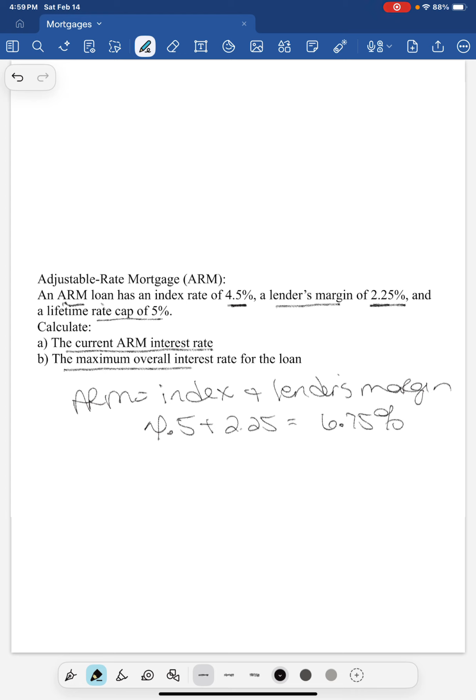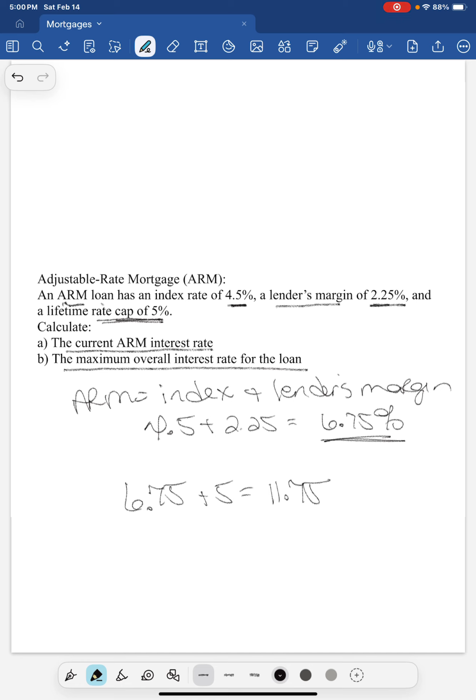Now, what is the maximum overall interest rate? Okay, well, what you do there is you start with the current rate and you add the max it can go up. And so the maximum overall interest rate is going to be 11.75.